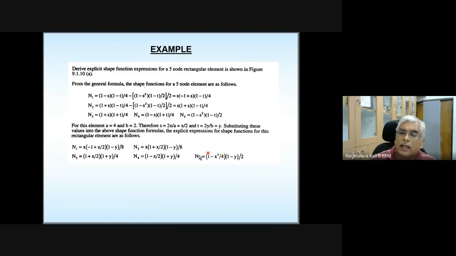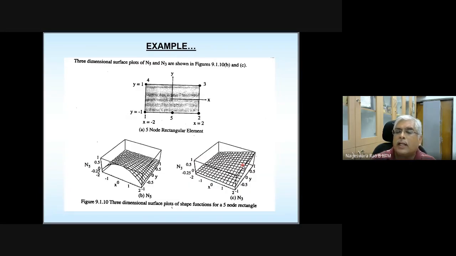So you can compare the expressions that are given here with the way that I explained to you. You please write it, and then you see whether they both are the same or not. It should be the same. So once you have these expressions for n1 to n5, you can plot them and see whether whatever expressions you got are making sense or not.